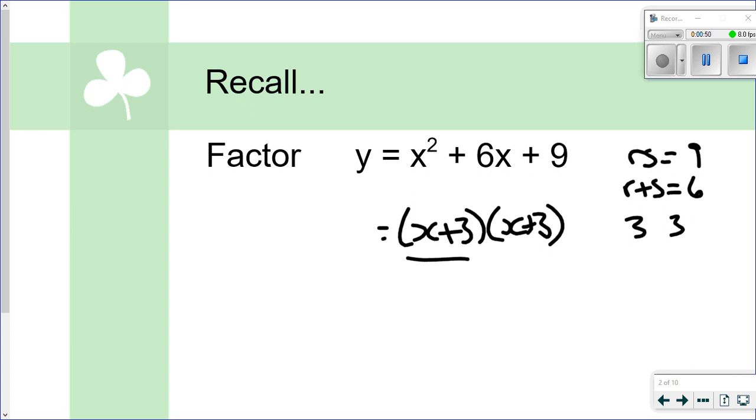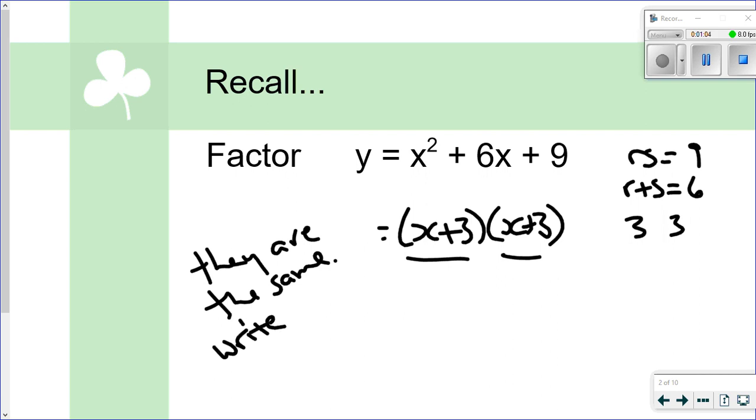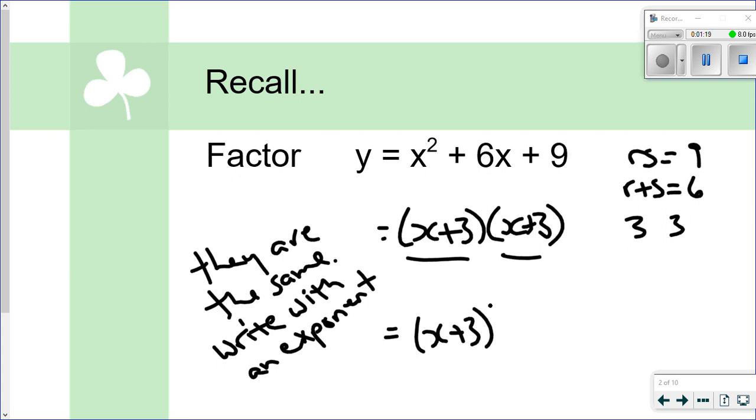Well, if you look at them, because they are the same, we write them out with an exponent. So it's not really a special case. However, it does have a special way of being written.